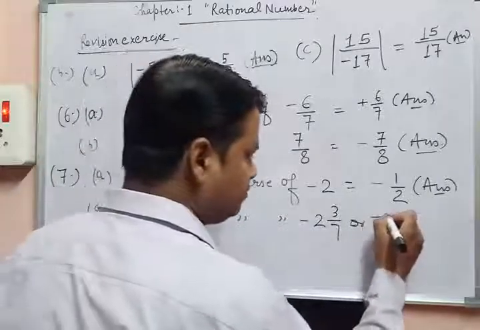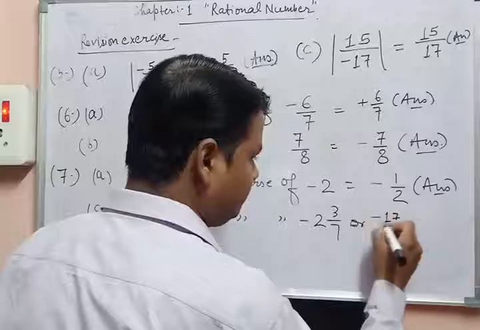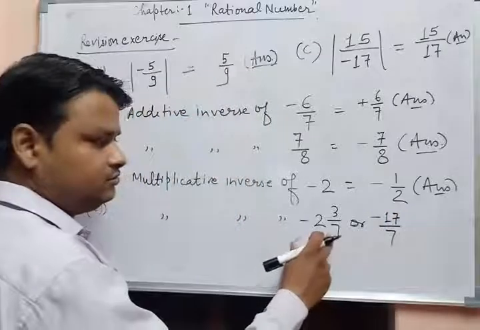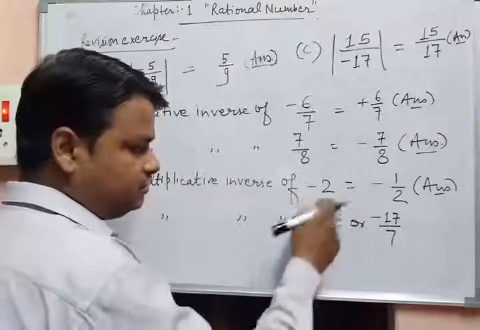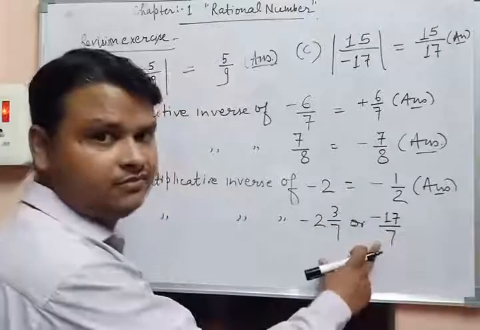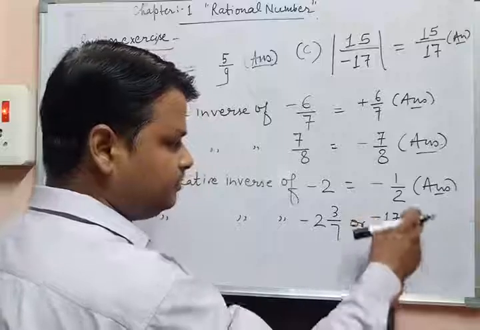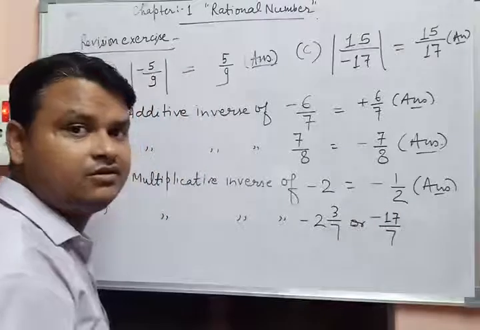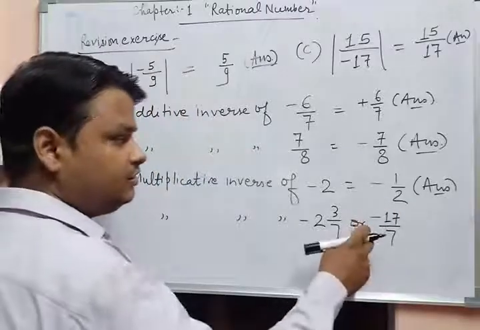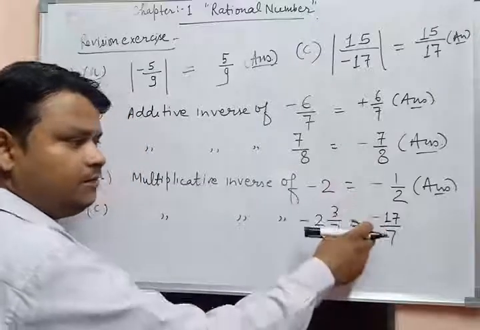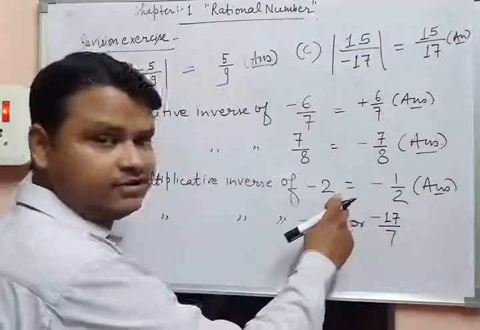It means -17/7. So this rational number is converted into this form. Now we have to find the multiplicative inverse of this rational number, applying the same method as the first question.